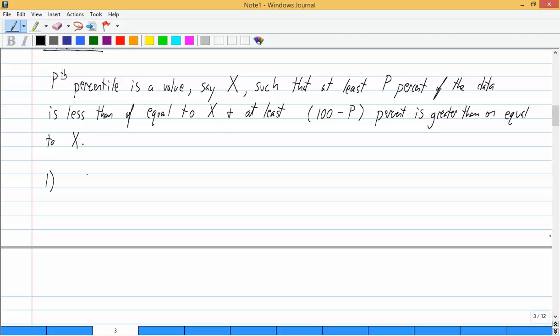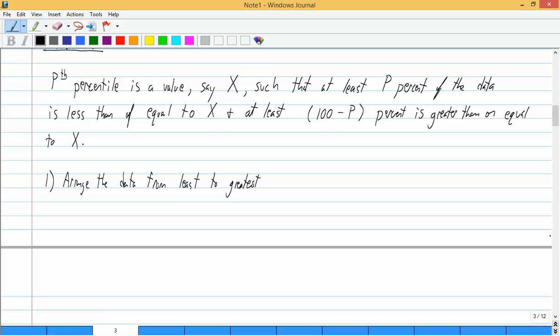This is how we find a percentile. First, arrange the data from least to greatest. Kind of like what you do for a median.